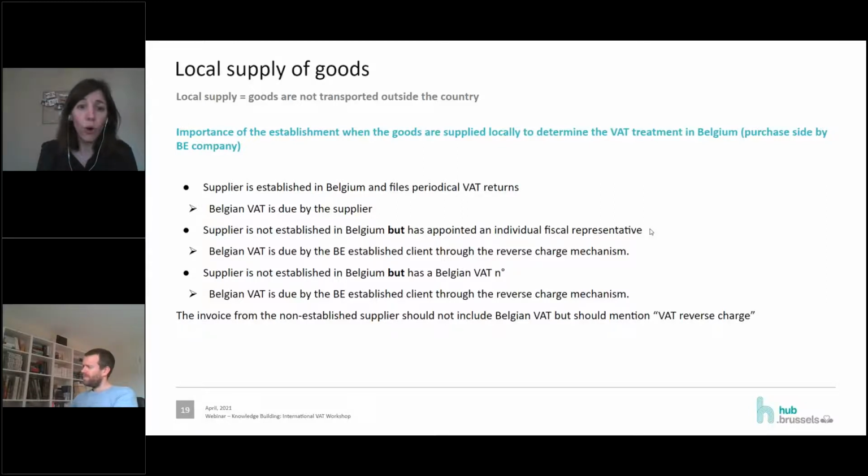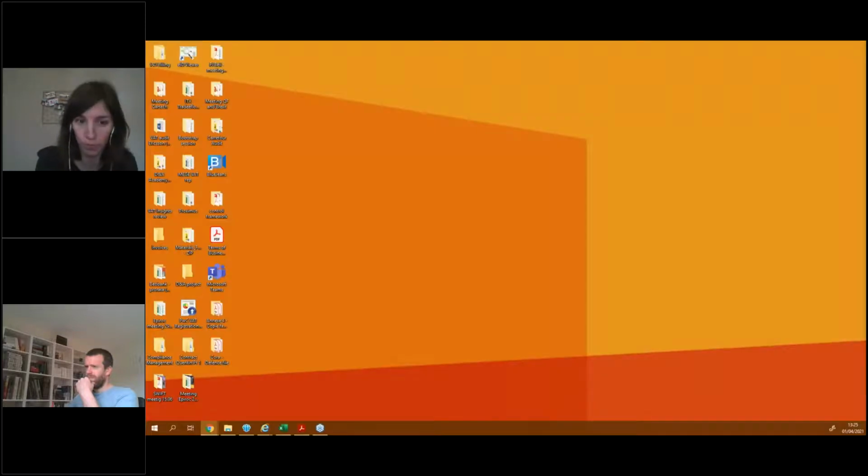Yes, these are typically the scenarios as a Belgian company from a purchase side. If you are purchasing from a supplier established in Belgium and filing periodical VAT returns, then the supplier will apply the Belgian VAT. But in the other cases, when you are purchasing from a supplier which is not established in Belgium, then you will have the local reverse charge mechanism.